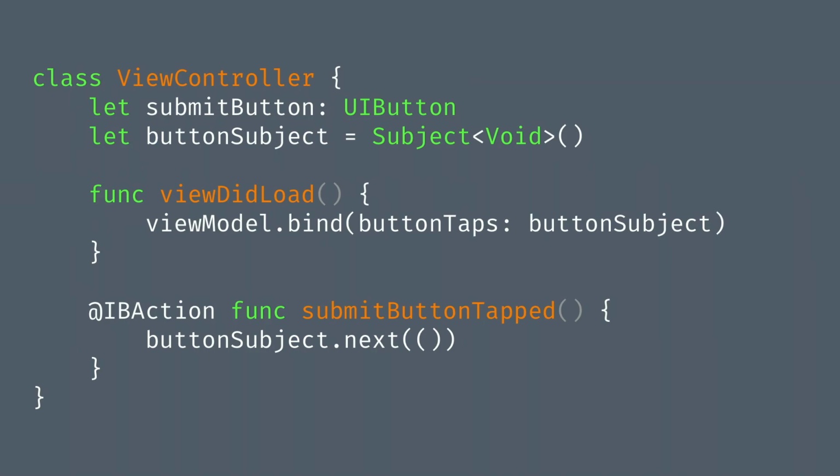We can create a subject with voids, and whenever the button is tapped, we pass void. This is the way we pass void in Swift 4. We pass void, and then the view model will receive it. So that's subjects, a very common concept to use whenever you get elements from outside of your Rx world, for example, UIKit, your button taps.